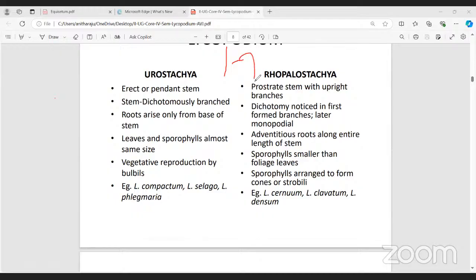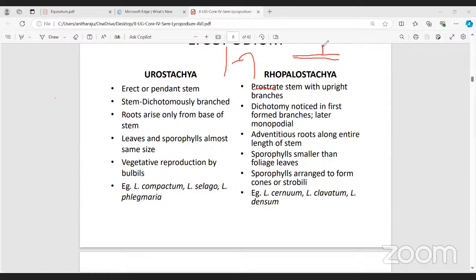So two types. But in Rhopalostachya, these are prostrate, not erect and not pendant. These are prostrate like a rhizome. It consists of a rhizome and shows continuous growth horizontally. So it is a prostrate stem with upright branches; the main trunk is prostrate, but the branches are upright.